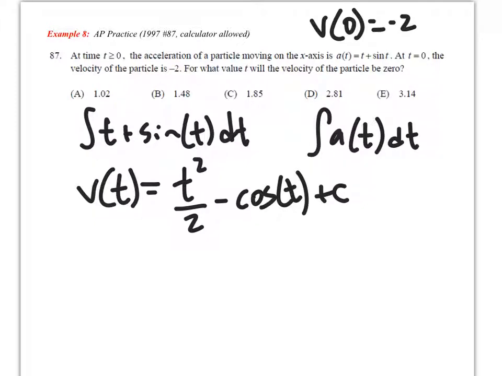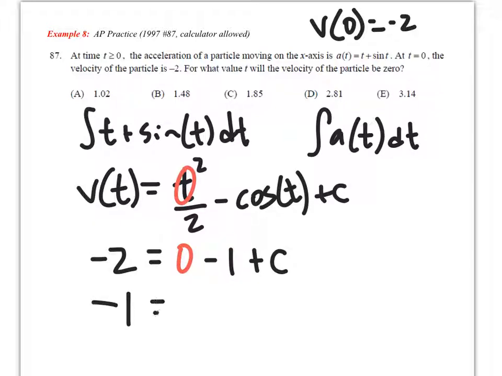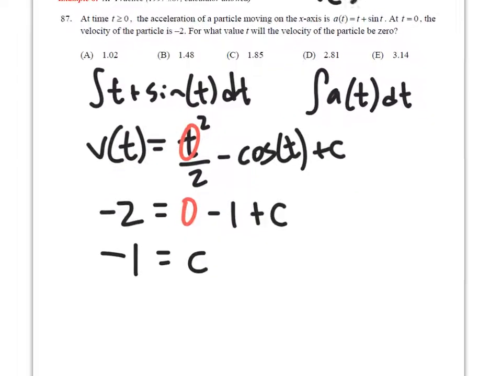So the velocity of the particle is negative 2 when t equals 0. When t equals 0, well, that would be 0, and cosine of 0 would be 1. So it looks like negative 1 would equal c.